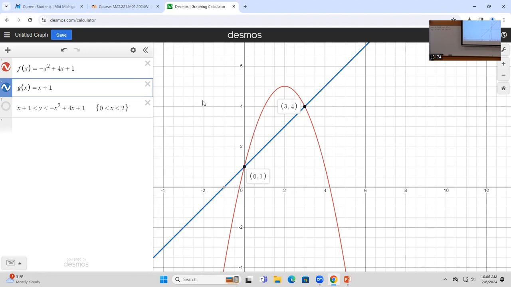So that means my x value is going to be between 0 and 3. Everybody get that? And that's the only bounded region, the only one that's completely enclosed.